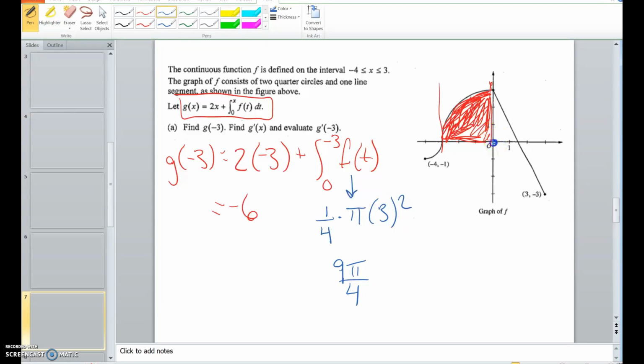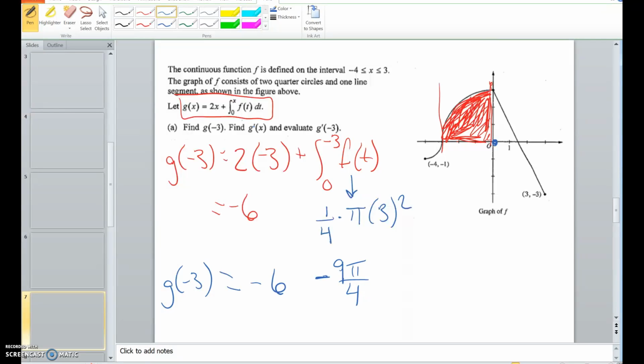Because we integrated from right to left instead of left to right, this is going to be a negative sign. All right. Okay. So then to get the final answer, g of negative 3 is just negative 6 minus 9 pi over 4. Okay, so then let's find g prime.